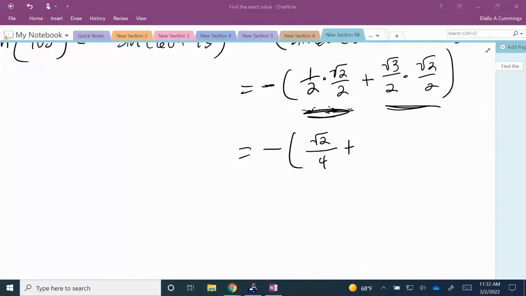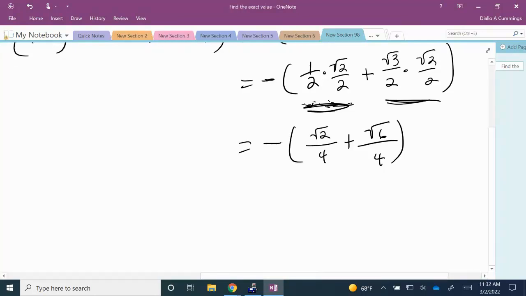The square root of 3 times the square root of 2 is the square root of 6 over 4. All right, and then we're going to distribute the negatives. So we have negative square root of 2 over 4 minus square root of 6 over 4.